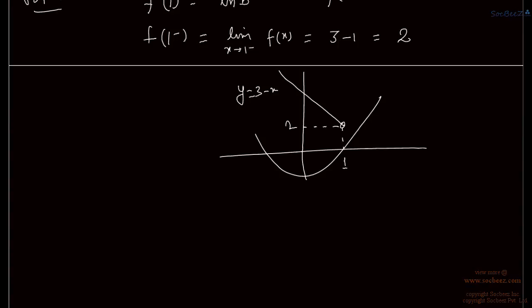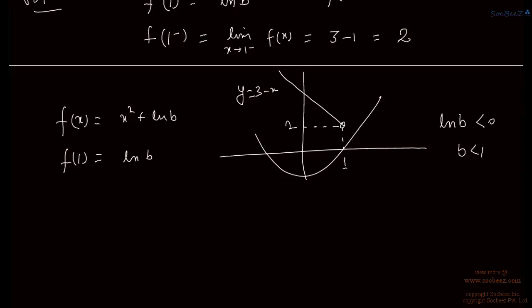Here ln b is negative, right? But we have seen that ln b is only negative for b less than 1, right? Okay. Then this value ln b at x is equal to 1, for a function f(x) is equal to x square plus ln b, at x is equal to 1 we have its value ln b.